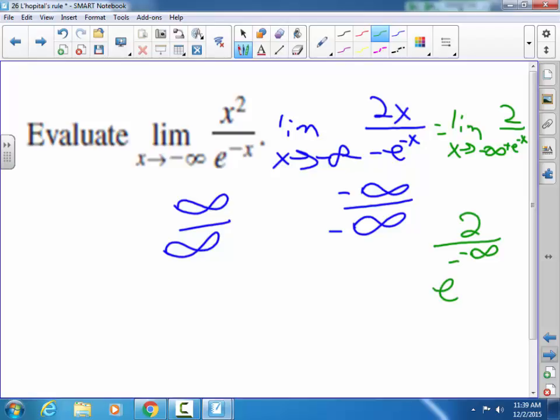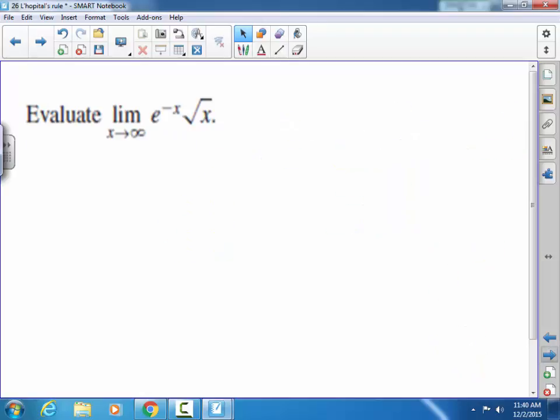And 2 over that really big number gives us 0. So you can continue taking derivatives as many times as you need to in order to evaluate limits of functions like this: second, third, fourth, fifth, sixth, however many you might need. I would not expect you to have to take more than 1 or 2.